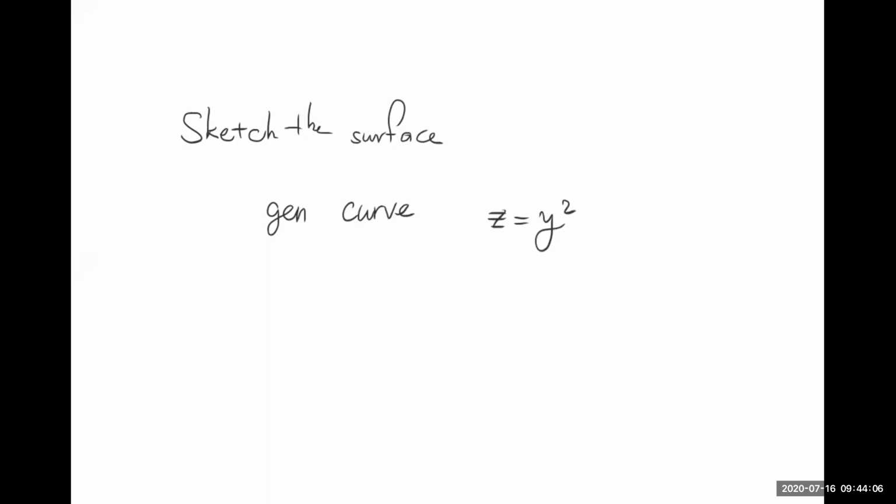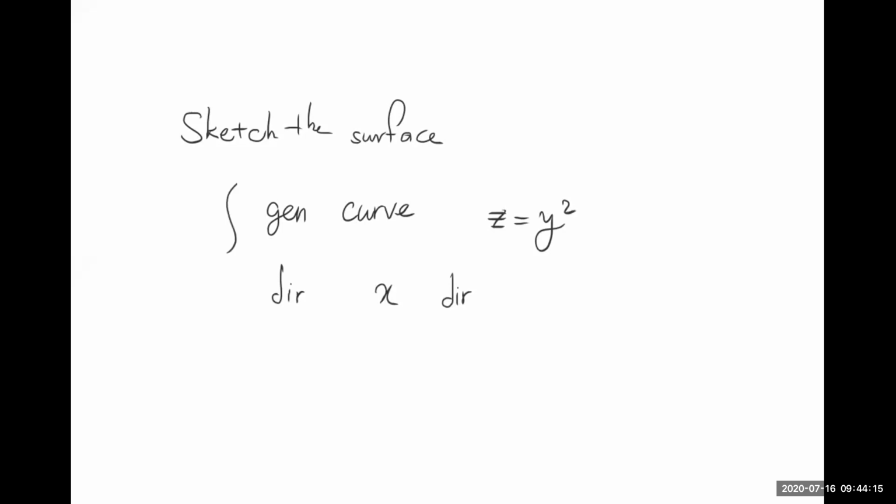Now, I want you to sketch the surface whose generating curve is z equals y squared, and the direction you're supposed to move it is the x direction.